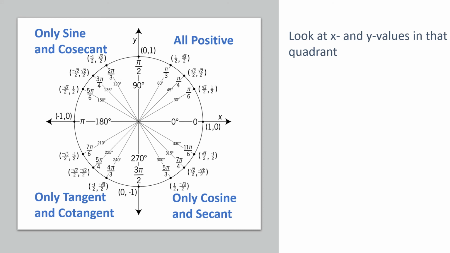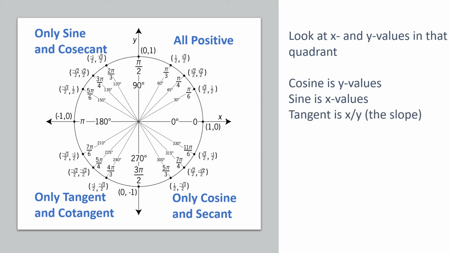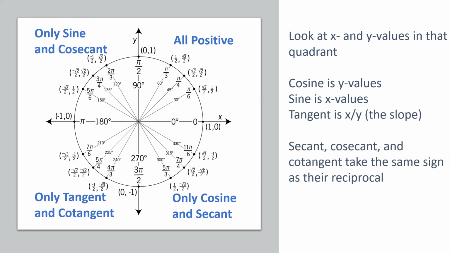So the cosecant would be positive, and then secant and cotangent would be negative. And then we can go all the way around the circle and see which are positive in each quadrant. You maybe want to memorize this, but you don't really have to memorize all of them.